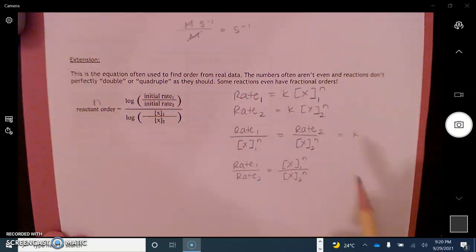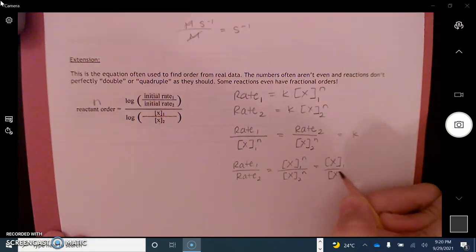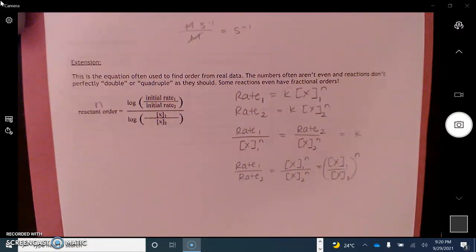All right, when you have this, let's first of all simplify it so that we only have one exponent. When you solve for an exponent in math, the trick is to take the log of both sides. The reason that works is because of your properties of logs. If you take the log of something to a power, you can simply remove the power, put it outside the log, and multiply it.